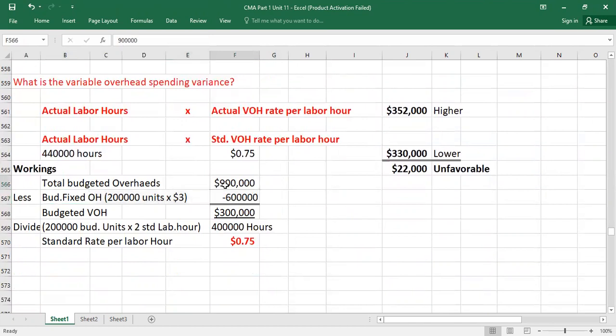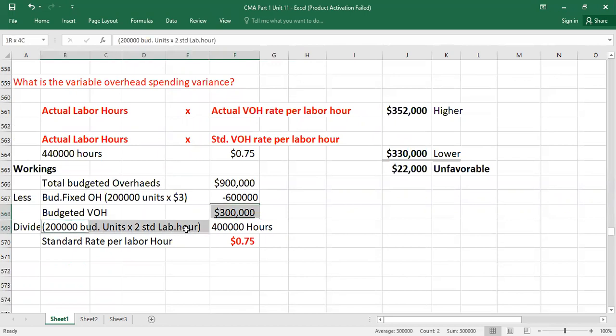So if you take total overhead minus fixed overhead, you will get budgeted variable overhead. And now, if you remember the formula to calculate the standard variable overhead rate per labor hour, which I told you above, we can divide this budgeted variable overhead by the budgeted hours. How can you calculate budgeted hours?